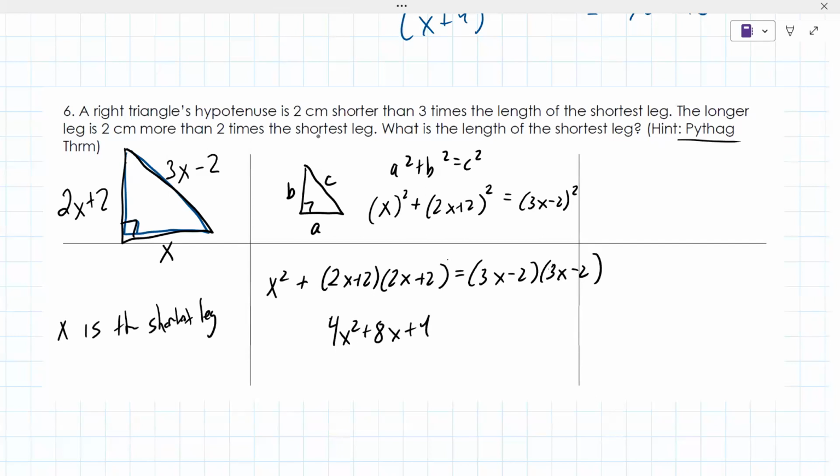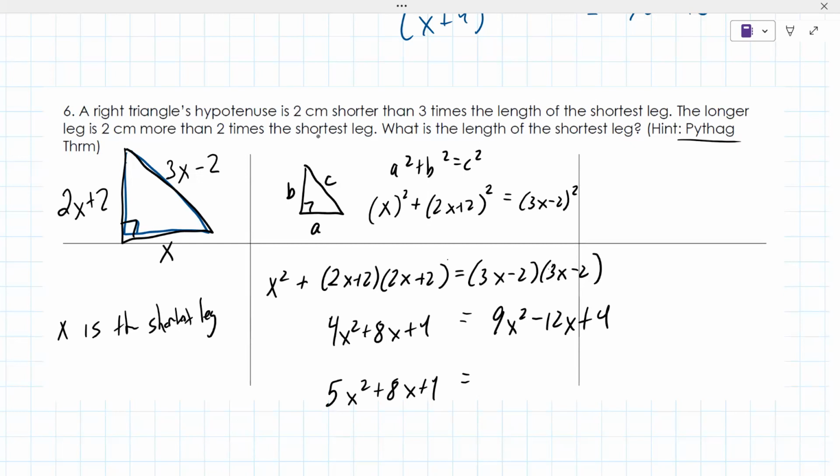And you have to add the x squared there as well. Yep, so 5x squared plus 8x plus 4. Good. Do the same thing on the right side, please. That would be 9x squared minus 12x plus 4.